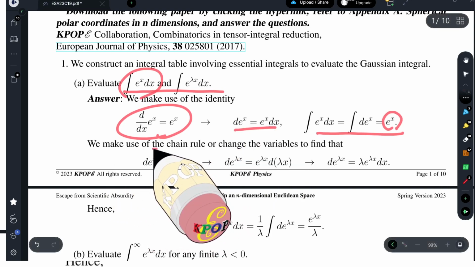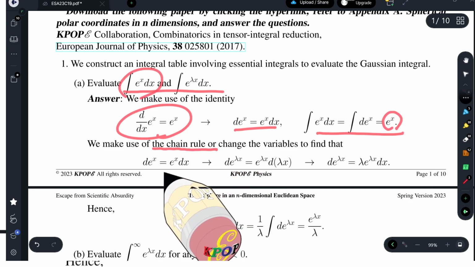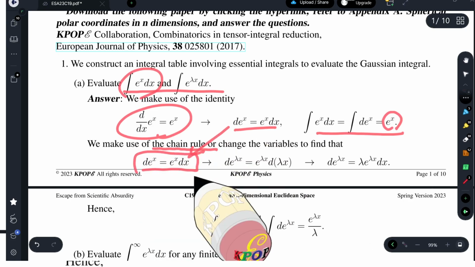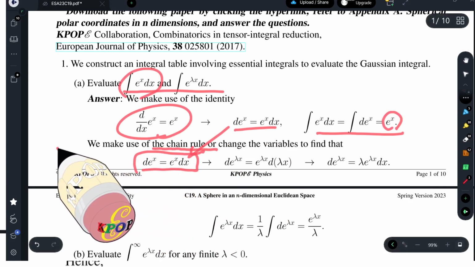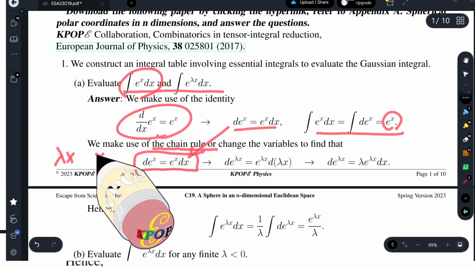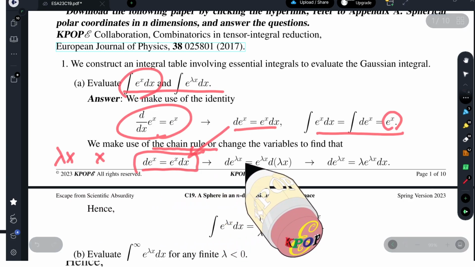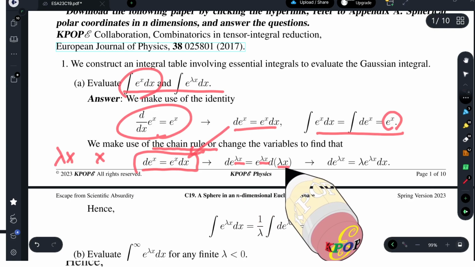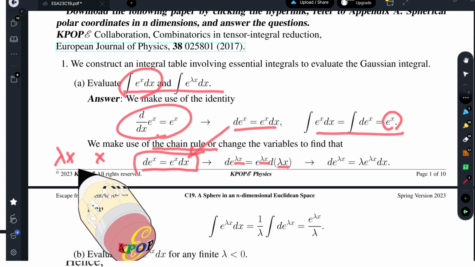So we can make use of the chain rule, use this formula, and substitute lambda x for the variable given here. Everywhere it is replaced with lambda x.